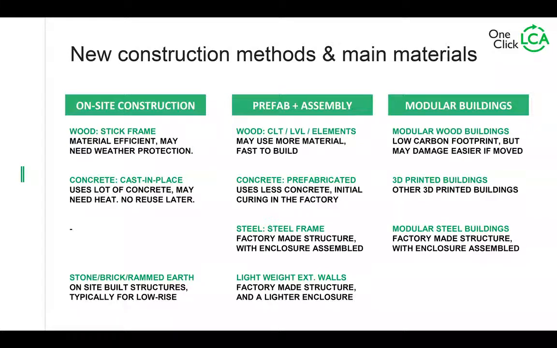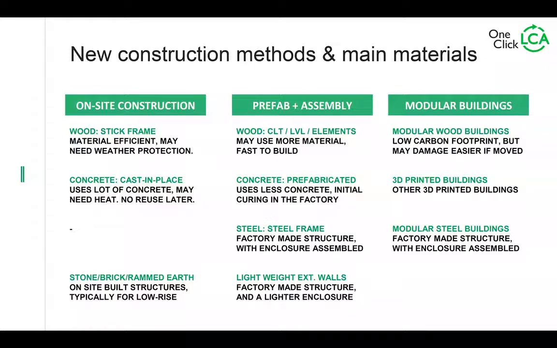In the on-site construction, wood is typically stick frame, or is also called platform. It's very material efficient because it doesn't require as much wood as massive timber, but it may need weather protection. Concrete cast in place, as I said previously, uses a lot of concrete in cold climates.